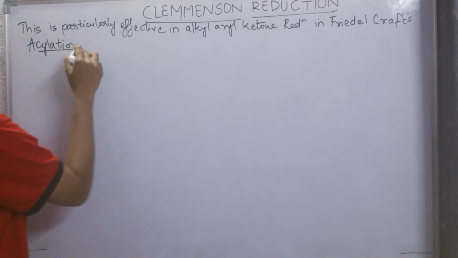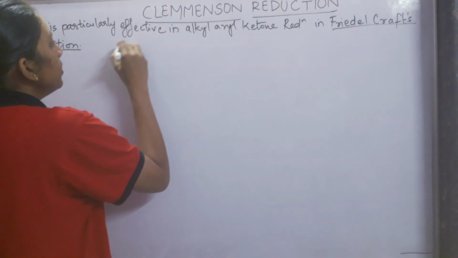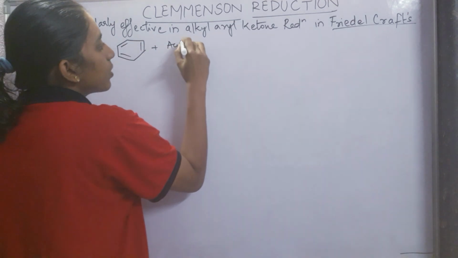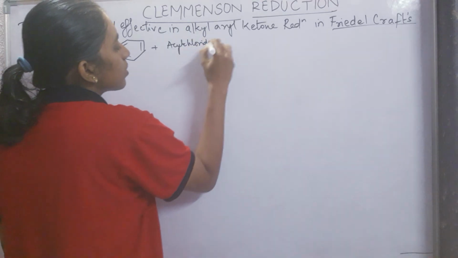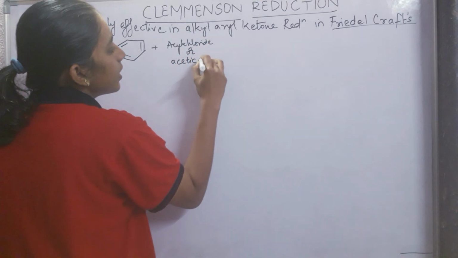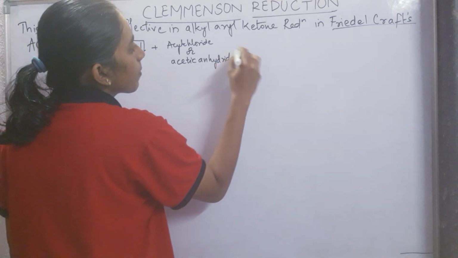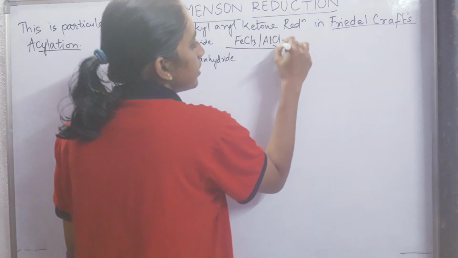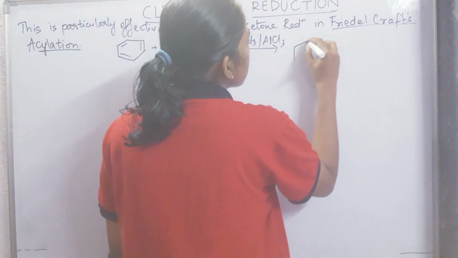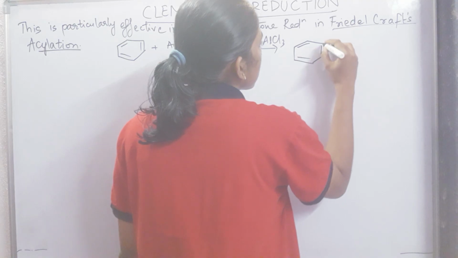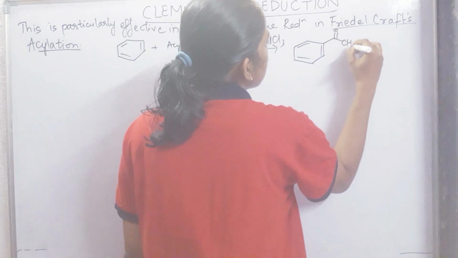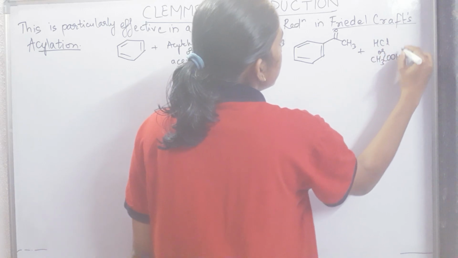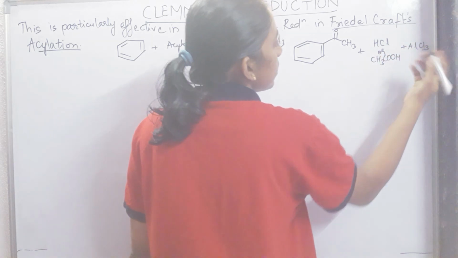What is this Friedel-Crafts acylation? When benzene reacts with acyl chloride or acetic anhydride in the presence of Lewis acid FeCl3 or AlCl3, the products will be acetophenone plus HCl or CH3COOH plus AlCl3 or FeCl3, whatever it is.